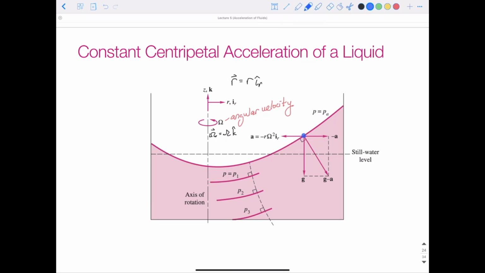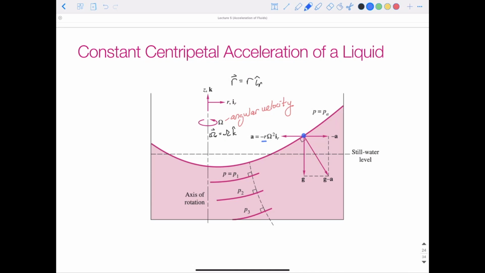And then the other component of acceleration that we would have is our gravity. And now, because our centripetal acceleration is a function of r, it's going to change depending on how far away we are from that rotational axis. So if that's going to change, that means our acceleration is going to change. And if our acceleration is going to change, that means our surface is going to change as well. The slope of our surface is not going to be constant, it's going to be curved.